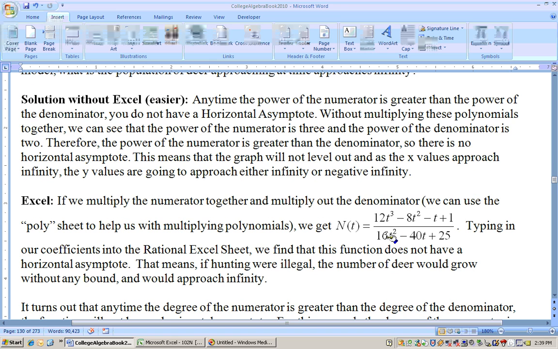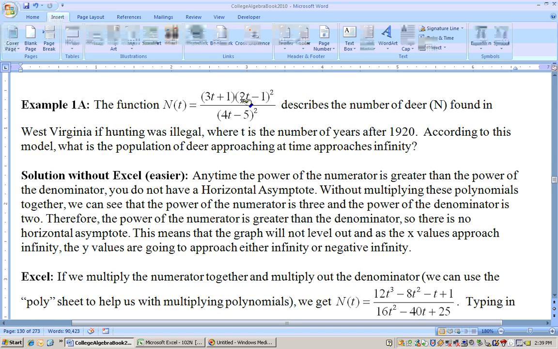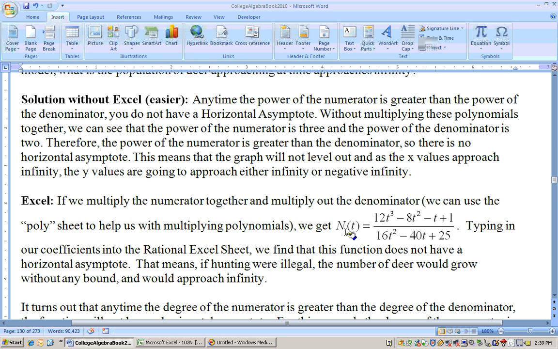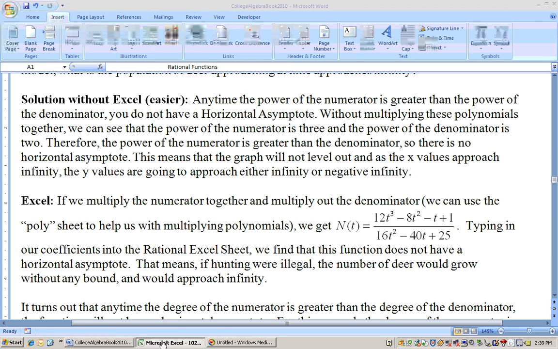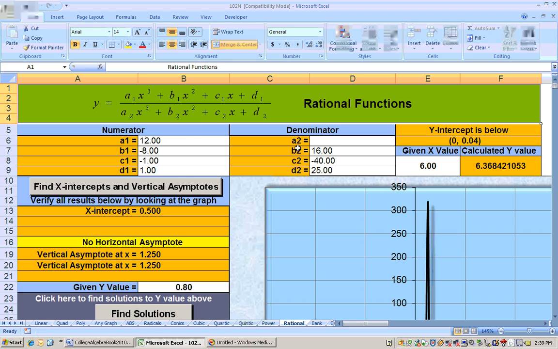Now, we could FOIL this thing out, which I just did here, FOILing the 2t minus 1 times the 2t minus 1, then taking it times the 3t plus 1. And you could always use the poly sheet to help you FOIL these things together and get something like this. Now, I went to the Excel sheet and typed in my coefficients for that simplified expression. I wanted to find out if this thing does not have a horizontal asymptote, and it says right here it does not have a horizontal asymptote.